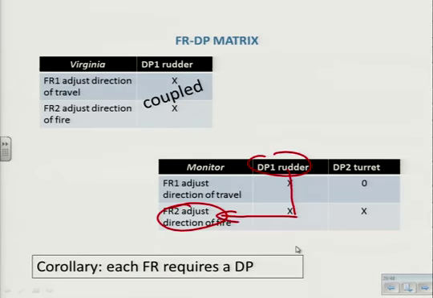Yes, it does, so this should be an X. When I turn the boat, the turret turns with it, unless I've got some fancy computer-controlled turret, which obviously they didn't have in 1862. But we could have now. So as I change the direction of travel, I'm changing the direction of fire as well as the direction of travel with the rudder.